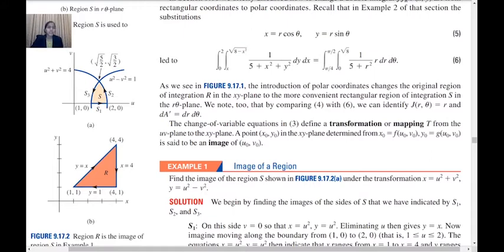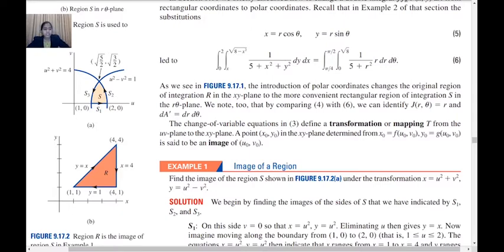So the image of the region S under the given transformation is this triangular region. You can see the figure has become a bit easier to evaluate the area. If you are asked the area, we are very familiar with the area of a rectangle or a triangle.